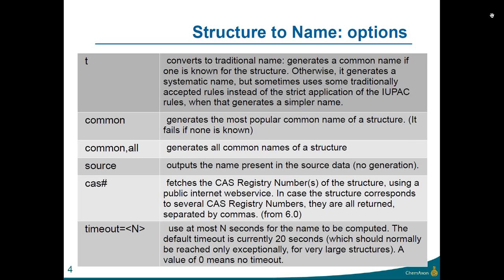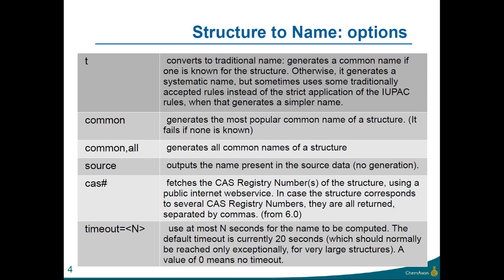Then there is the option source, which is a bit special in that it actually doesn't do any generation. If you know the API, and also, for instance, the mol or SD format, a molecule can have a name as just a text field. So if you imported a molecule from, for instance, an SD file, and it had a name associated with it, it could be a corporate ID, or it could be any name.